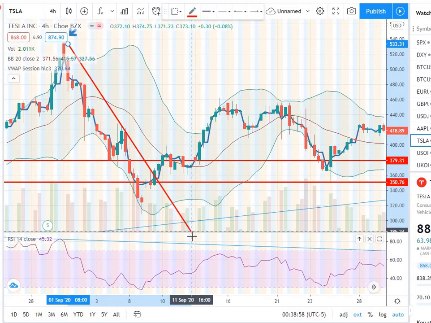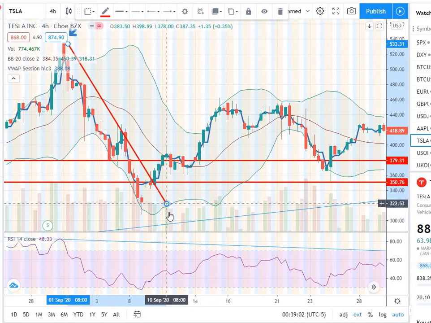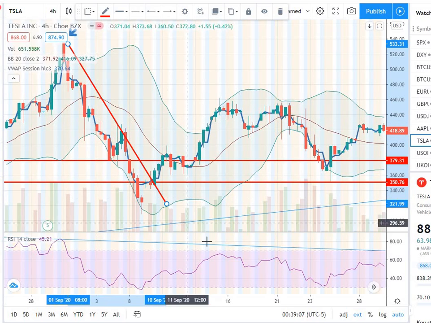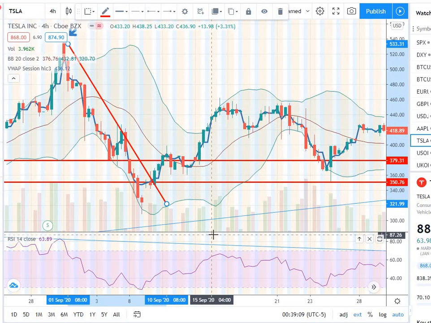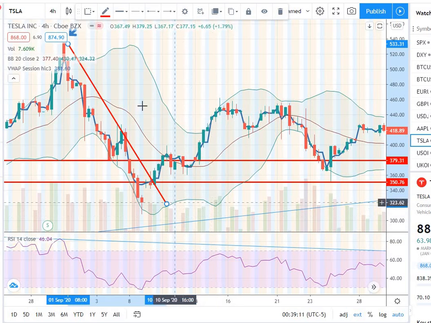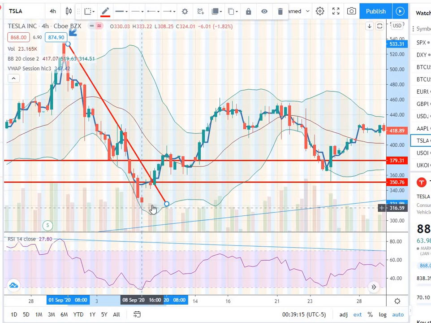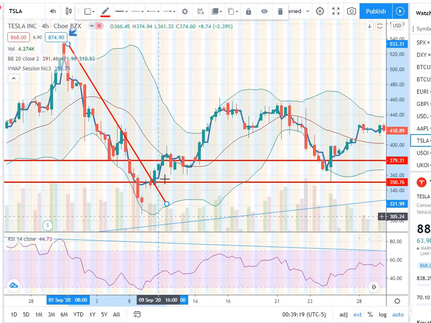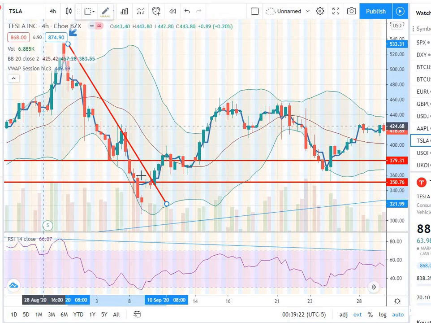Okay, so I created that trend line for you. Now, trend line, your support and your resistance, that's 2 checks. Your candlesticks and your RSI, all 4 of them came together at this spot right here.